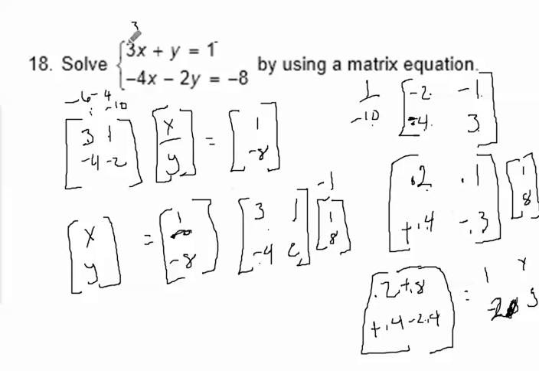Okay, try again. 3 plus negative 2 equals 1. Okay, got that. Negative 12 plus 4 will give you a negative 8. Check. So those are my values, 1 and negative 2. You see how when I did it, I went ahead and checked it to make certain I was getting the right values. X equals 1, Y equals negative 2. When I didn't, I had to go back and check my math.